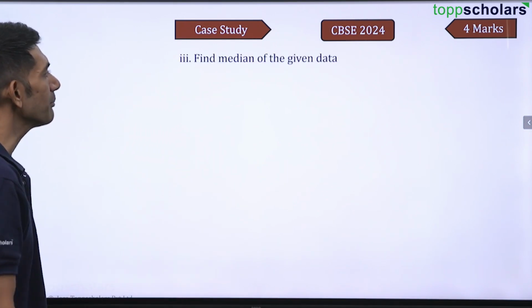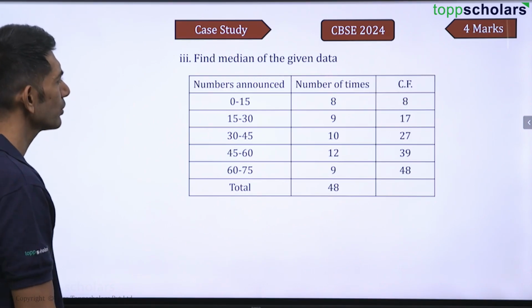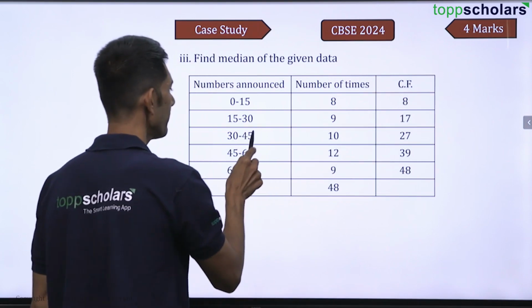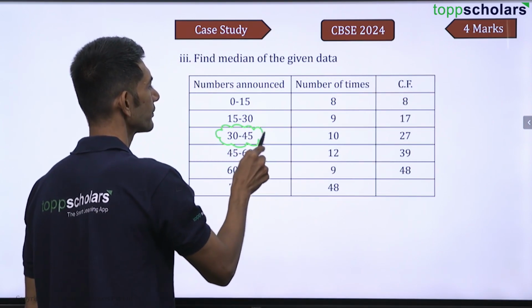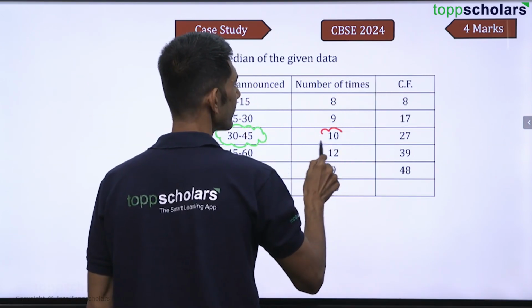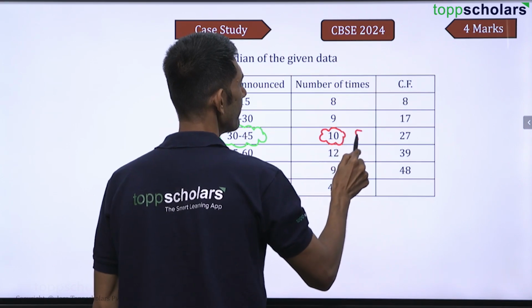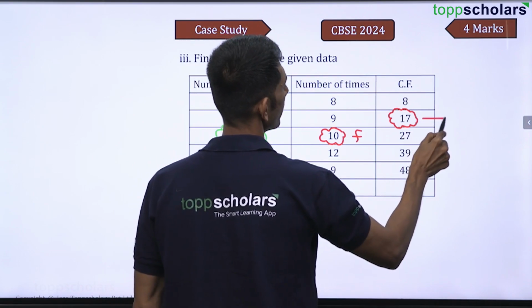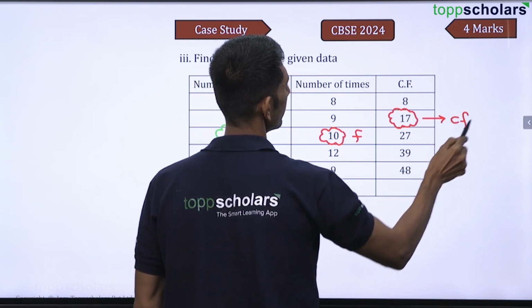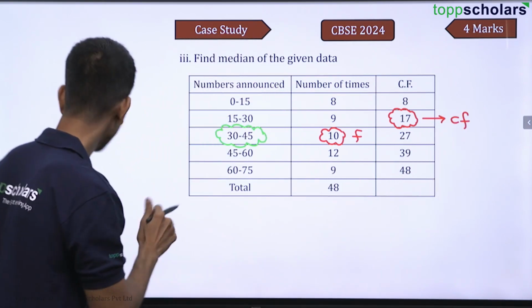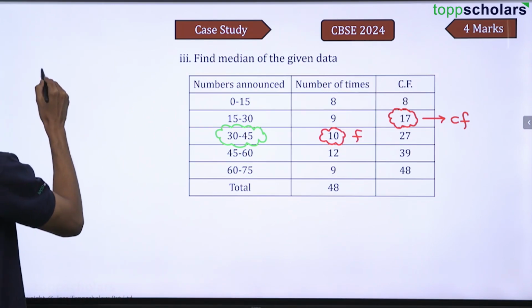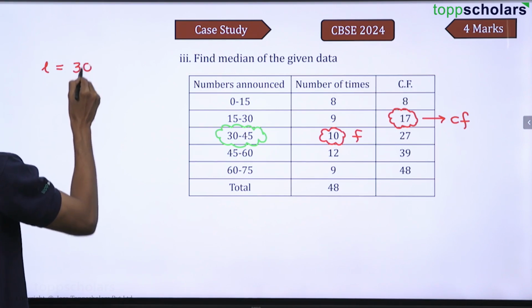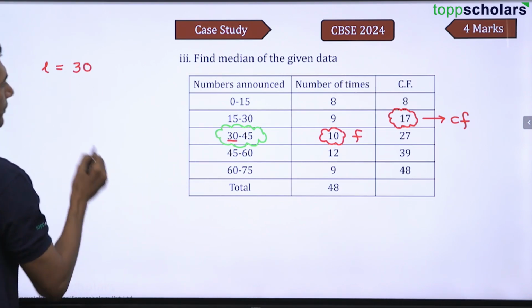It says find the median of the given data. We are supposed to find out the median. See, if you remember, we have already identified the median class, right? So this is going to be F and this is going to be your CF, and if I write down all the values, you can see that L will be 30, that is the lower limit of the median class.